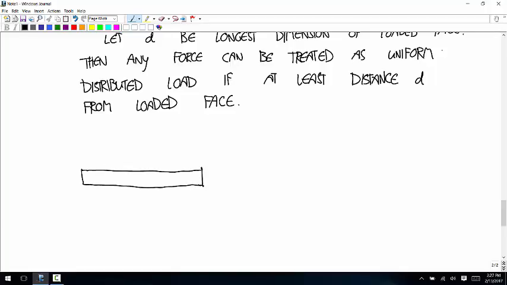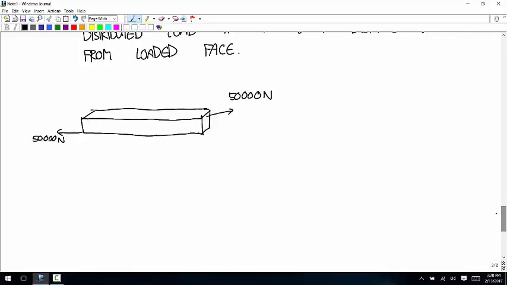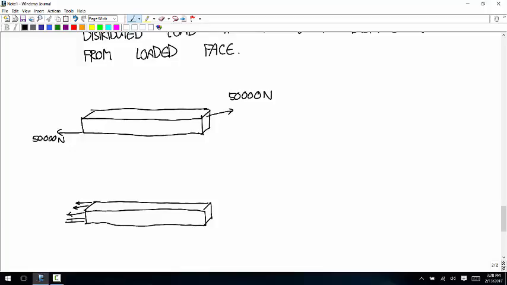If you have a prismatic rectangular bar with point forces applied at the two ends, say 50,000 newtons and 50,000 newtons, and you're comparing that to an identical bar, this time those 50,000 newton forces are uniform distributed loads over the whole face.